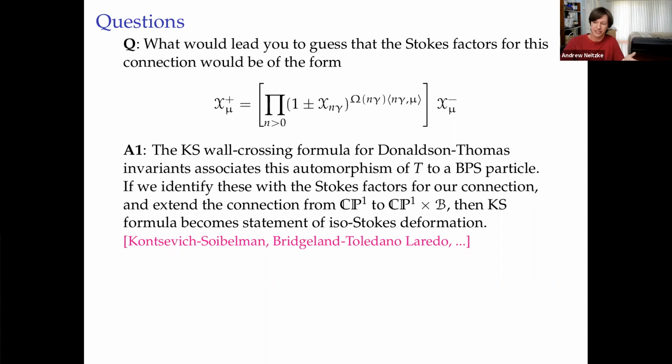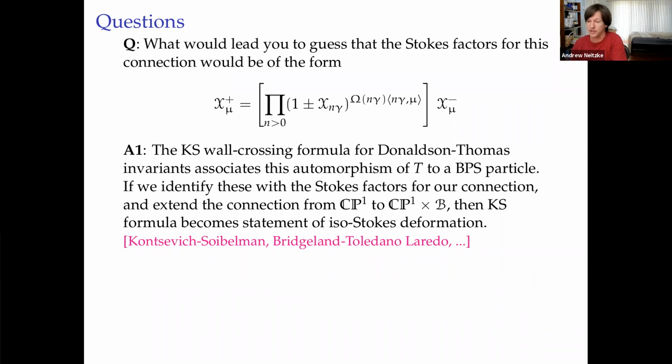And that change then reproduces how Kontsevich-Soibelman said they were supposed to change, the Kontsevich-Soibelman wall crossing formula. That mechanism was identified by Bridgeland and Toledano-Laredo in very closely related contexts. They had this idea that the wall crossing formula comes from isostokes deformation. So that idea plugs perfectly into this problem.